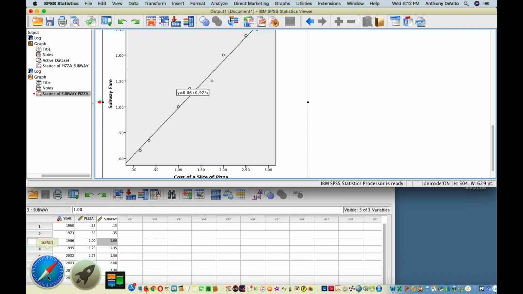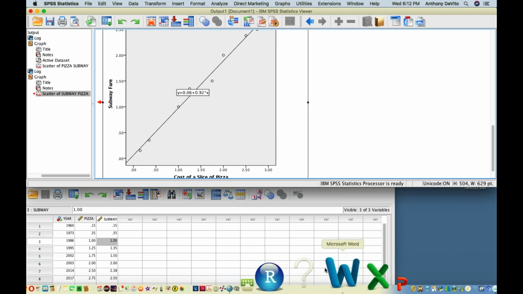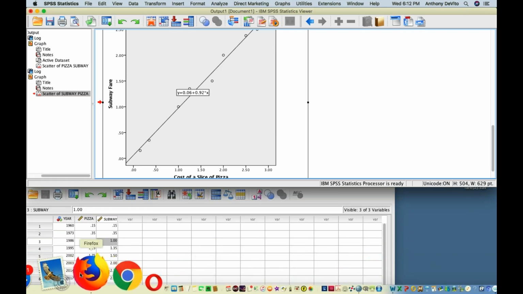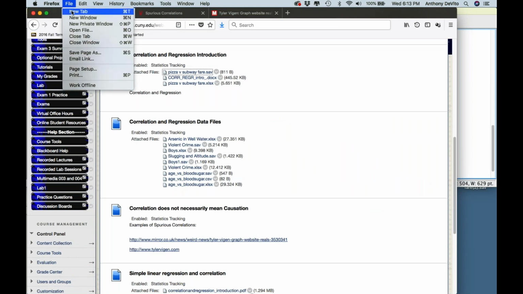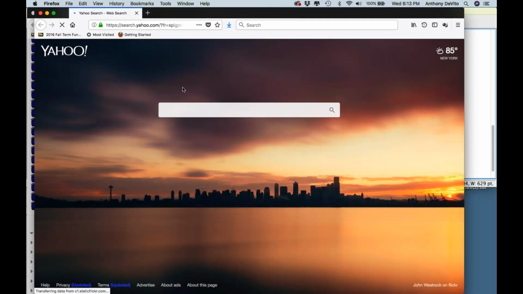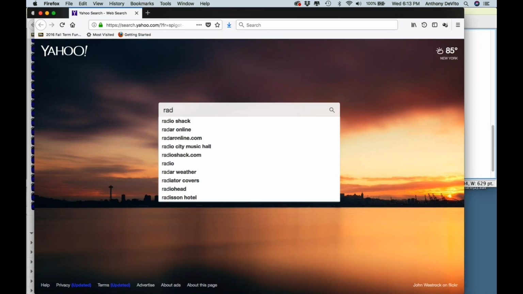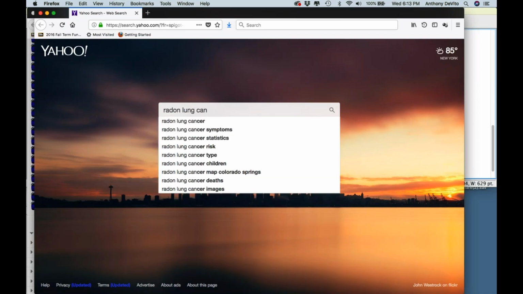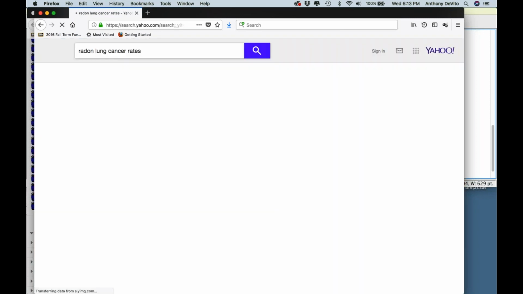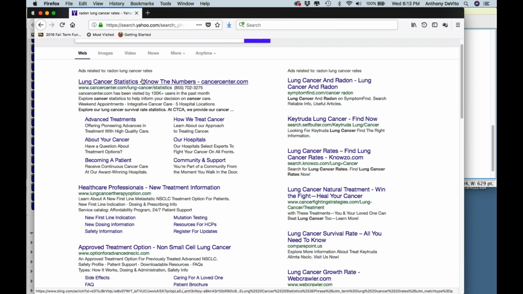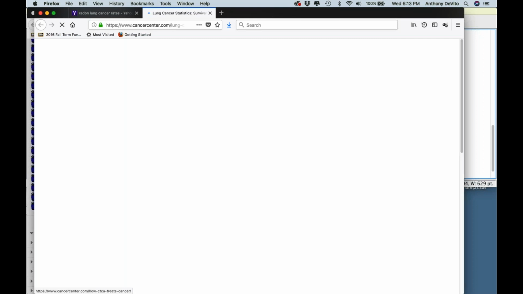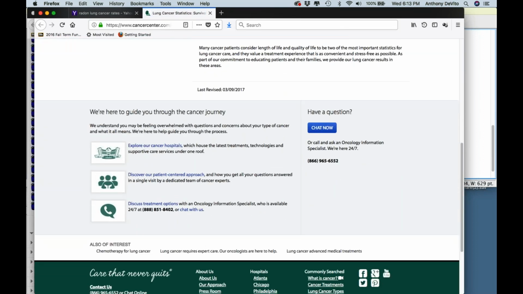Let's see. Oh boy, why isn't that starting up? Should have not even bothered starting. I already have this open. You get a new window here. Okay, radon, lung cancer rates. See if they have the causes listed in order.